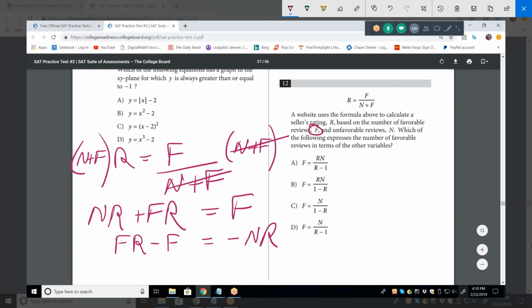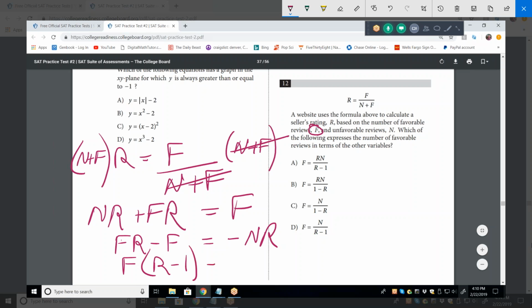So then you would want to divide by r? Factor. Oh. What would you factor? Oh. So on the left side, I would factor an f out, to give you f times r minus 1.